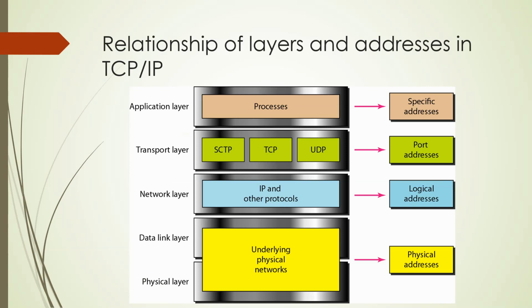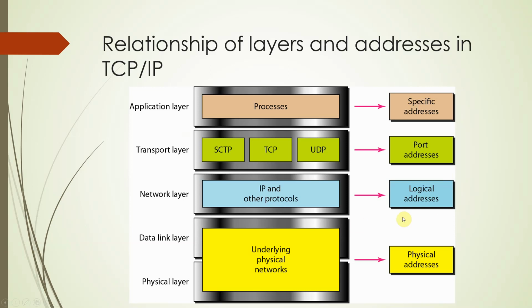Again, we can see here that we have various layers in the TCP/IP reference model, and these addresses correspond to which layer. We have discussed earlier as well that the physical address will be taken care of by the data link layer. We have shown both, because the data link layer as well as the physical layer in the case of TCP/IP is actually the same thing.